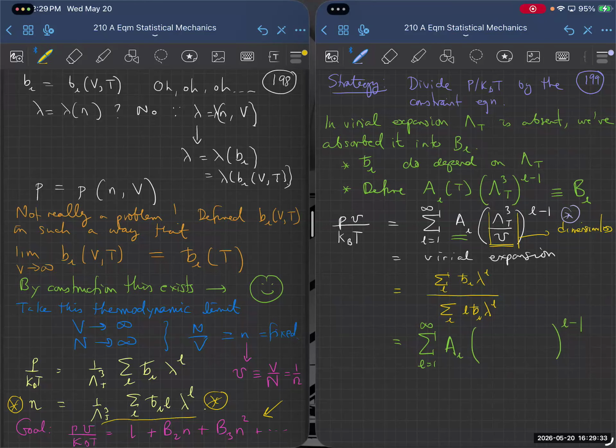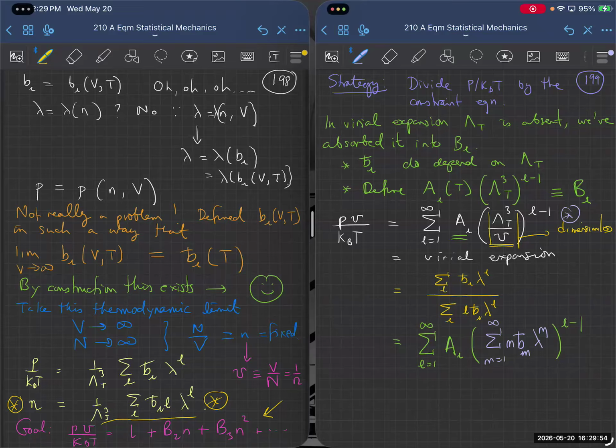So then I have the sum from m equals 1 to infinity of m b_m over lambda to the m. That's what I wanted to do.